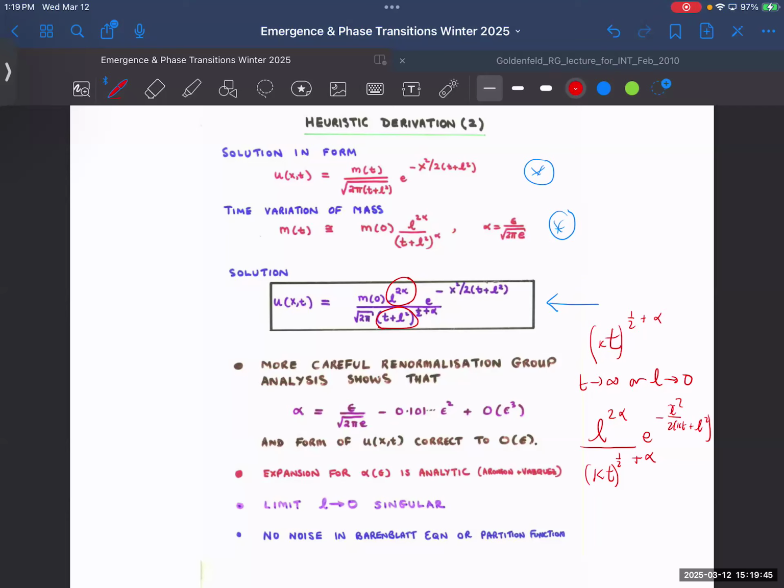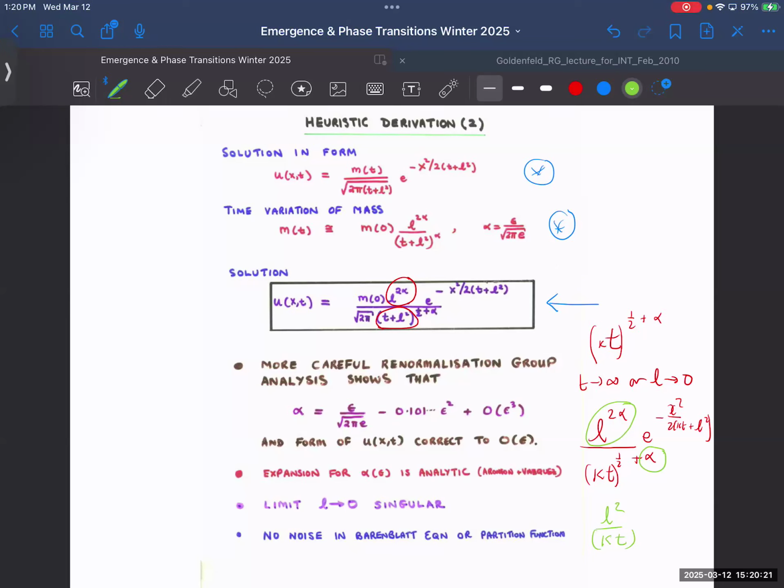So the point is this: even as I take the limit as T goes to infinity, my solution still remembers the initial condition L. And it needs to have that there on dimensional analysis grounds, because if I have alpha to be non-zero, then since my dimensionless parameter is L squared over kappa T, if I have a kappa T to the power alpha, I have to have an L squared to the power alpha by dimensional analysis.